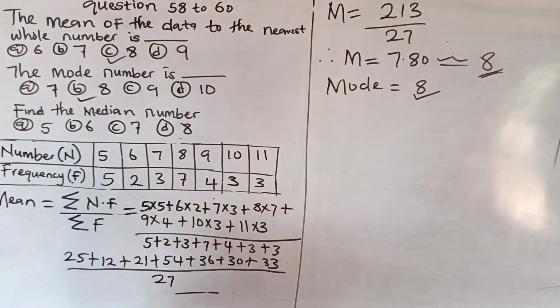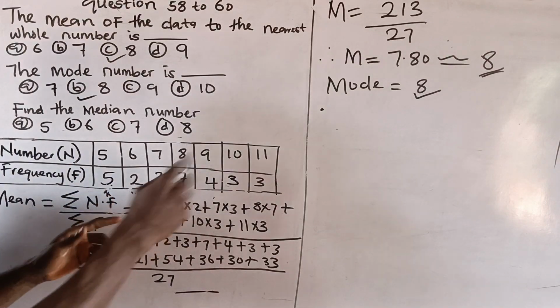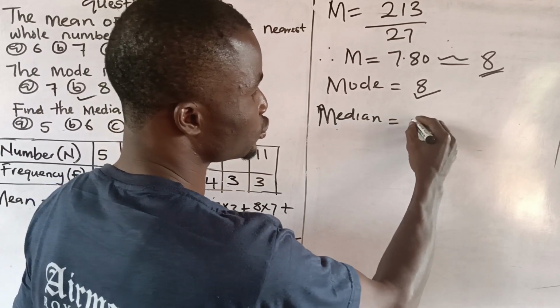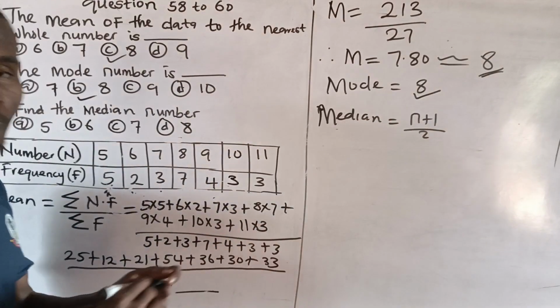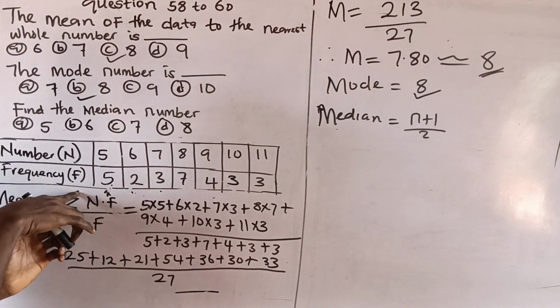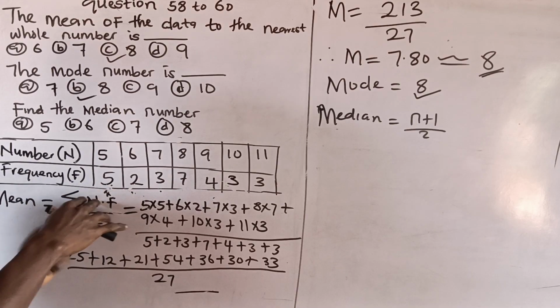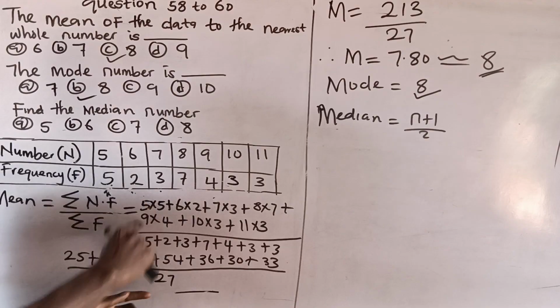That is our answer. Now let's go get the median number. It has a formula, that is median is equal to n plus 1 divided by 2. And in this case, this very question has a frequency. To get the middle point of this particular question, we are going to do the cumulative.